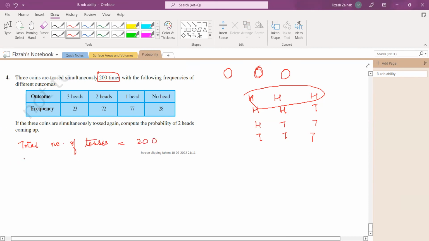And what will you write? Number of times getting 2 heads. How many times you are getting 2 heads? 72. Yes. So you have to find the probability of getting 2 heads.